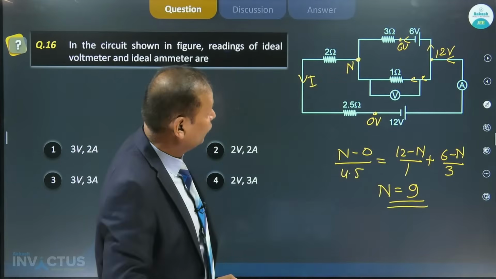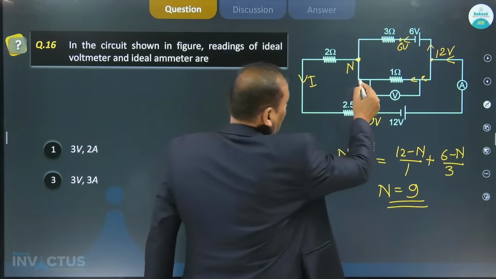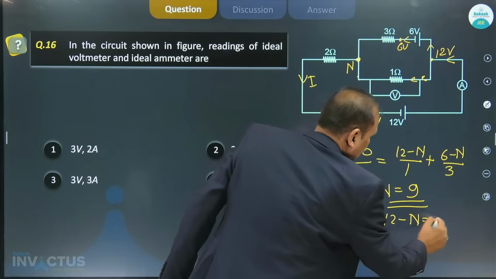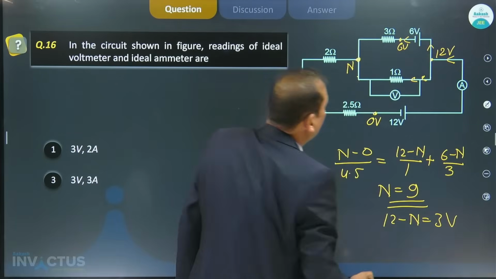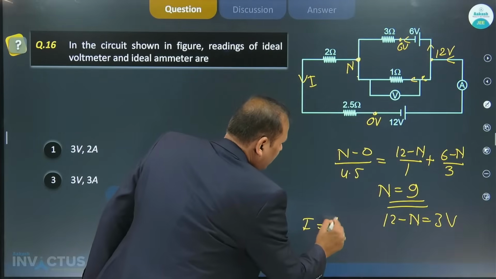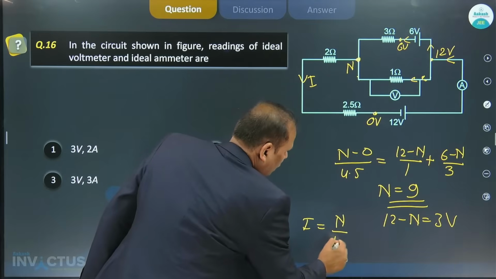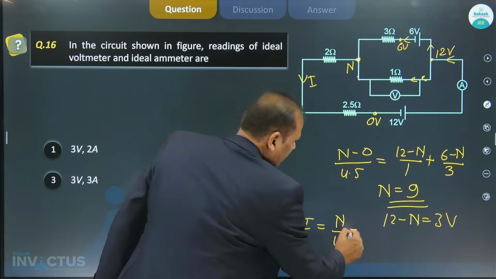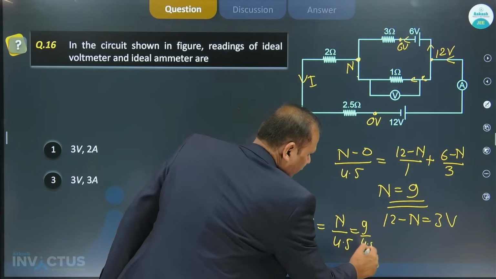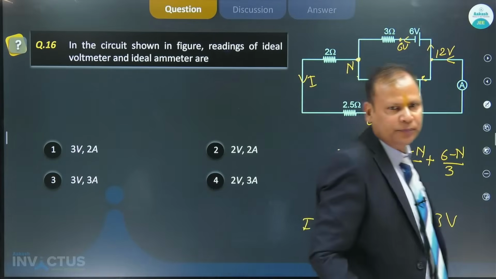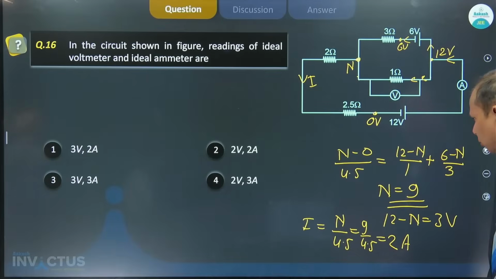When N is equal to 9, the potential difference is 12 minus N, which is 3 volt, and current I is equal to N by 4.5, that is 9 by 4.5, that is 2. So 2 ampere current and 3 volt potential.